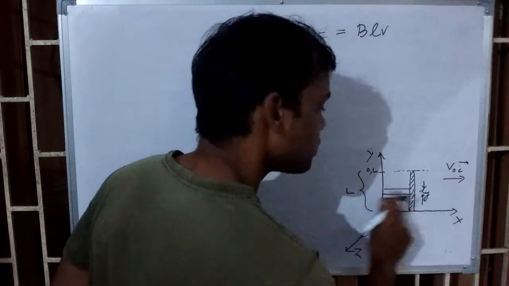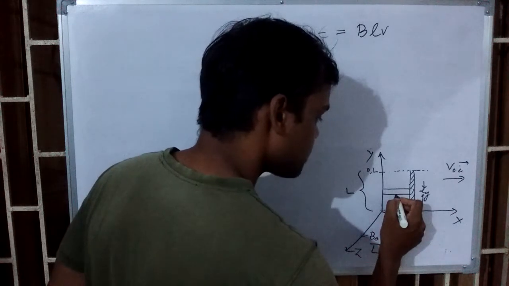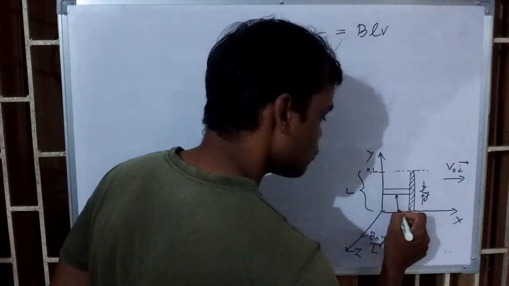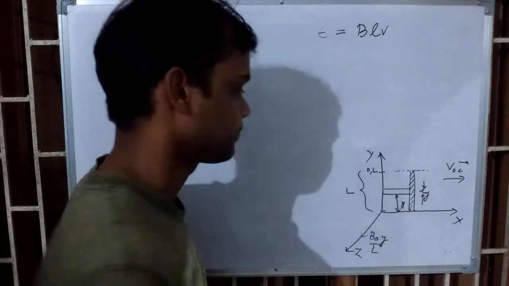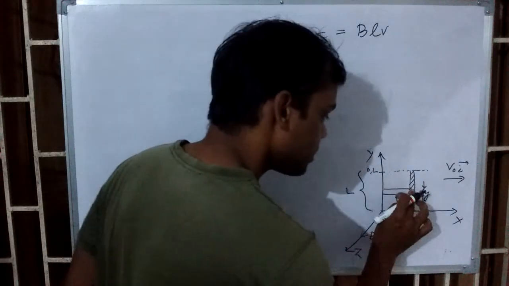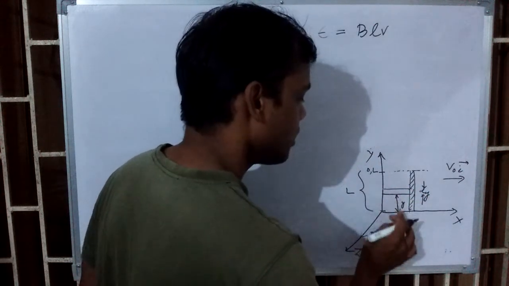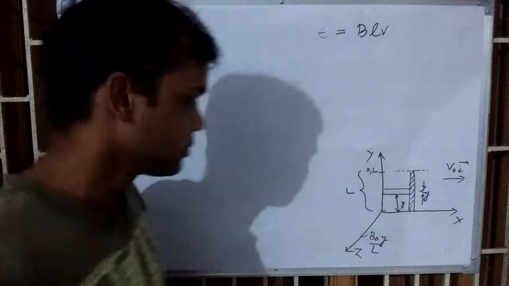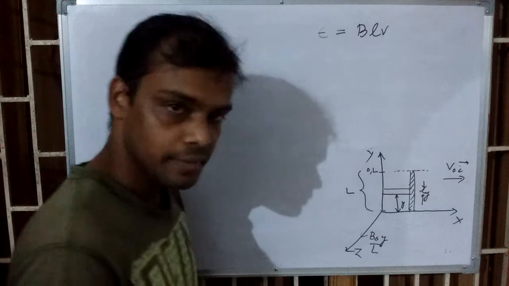Dy is the width of this element because it is along the y-axis, and let us assume that it is at a distance y from the x-axis, or from the origin. Now the rod is also covering this small element.